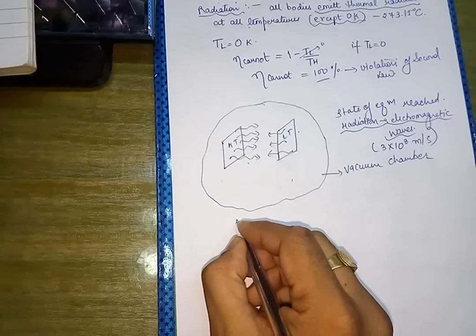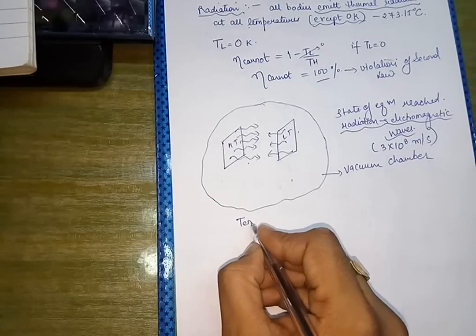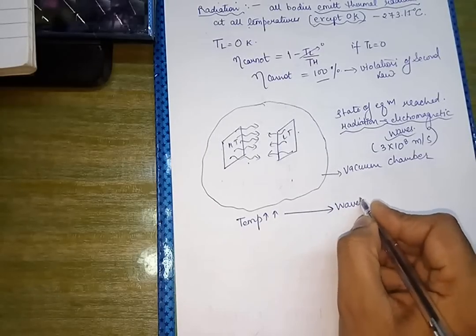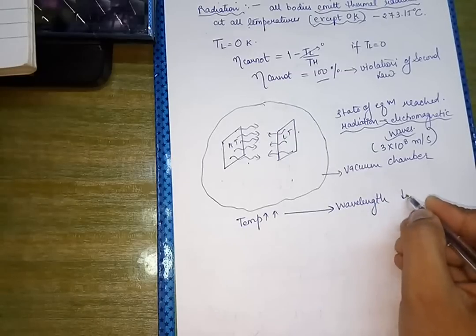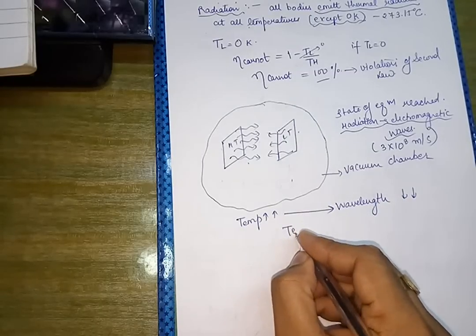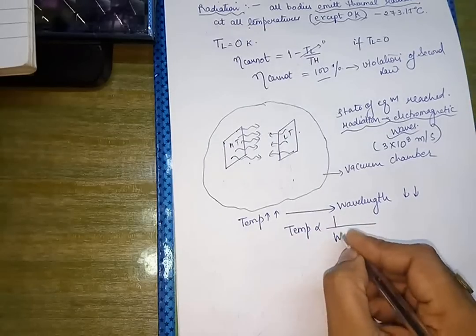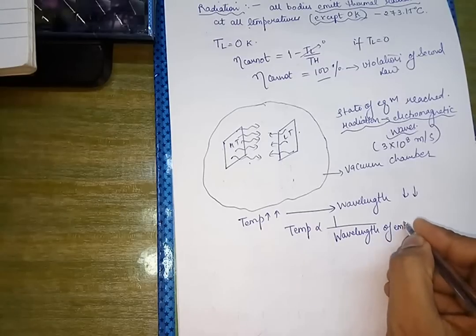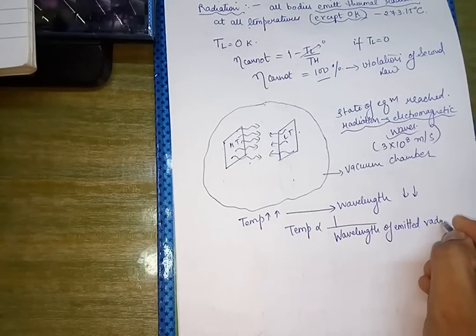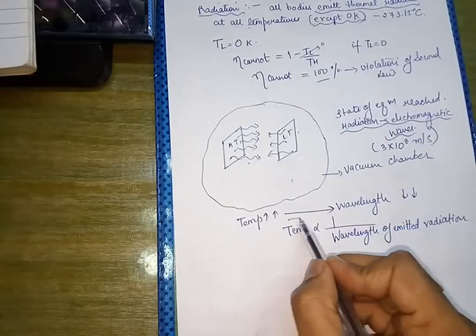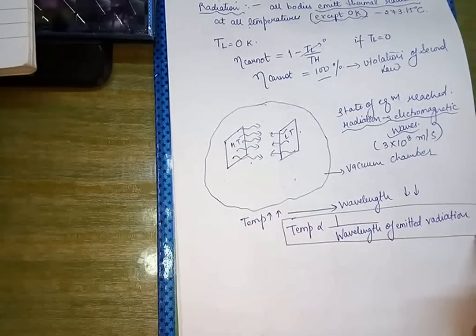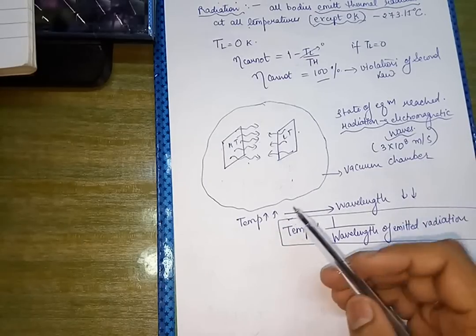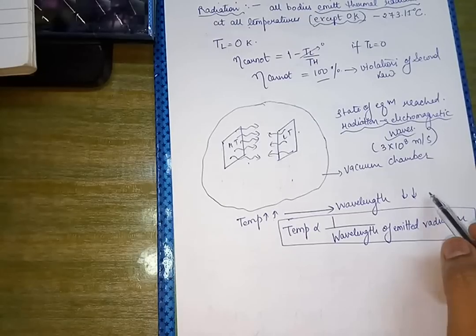One relation to be noted here: if the temperature is very high, then the corresponding wavelength that will be emitted will be very low. That means temperature is inversely proportional to the wavelength of emitted radiations. Higher is the temperature, shorter is the wavelength. Lesser is the temperature, larger is the wavelength.